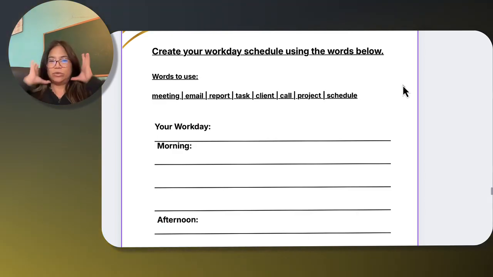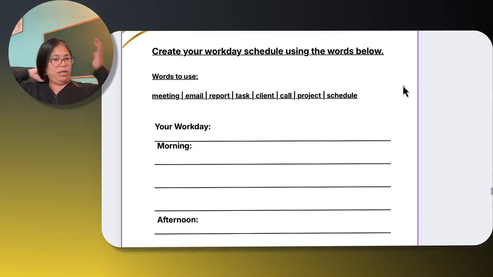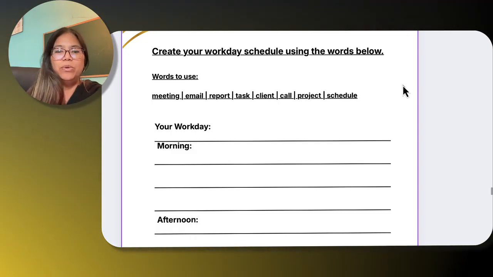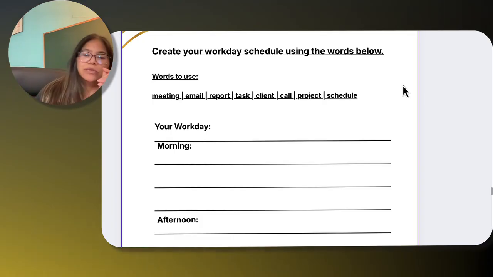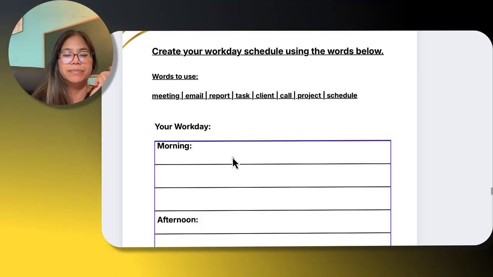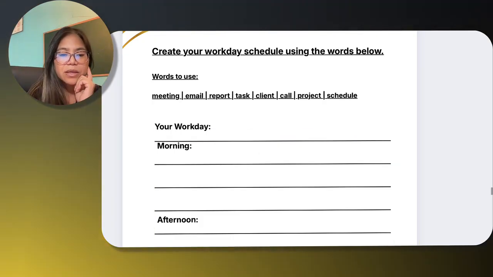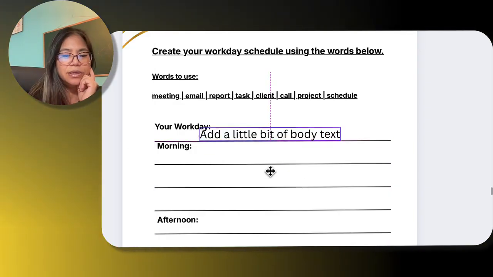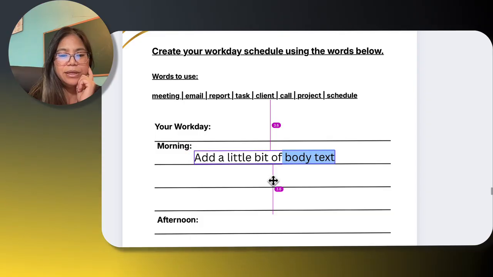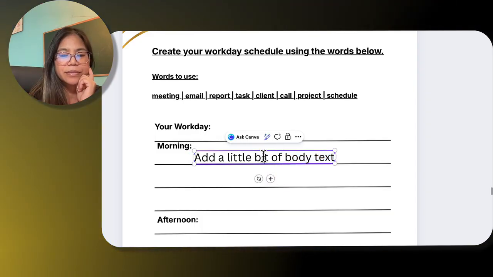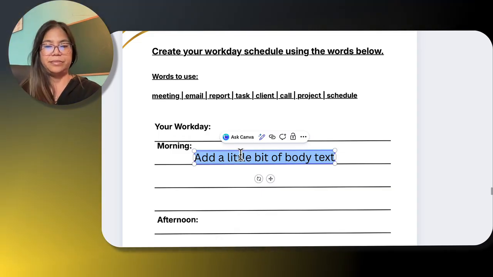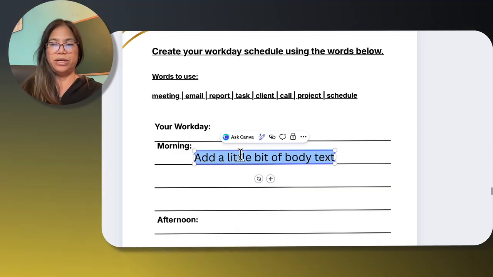Create your workday schedule using the words below. Words to use: meeting, email, report, task, client, call, project, schedule. Okay, your workday. Morning. Okay, my mornings. Let's see.